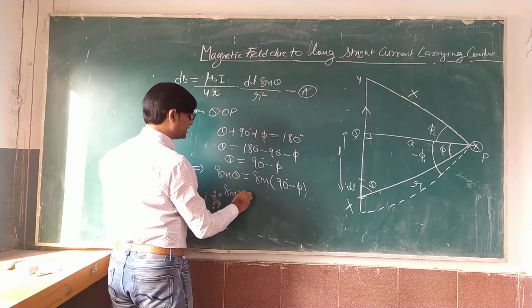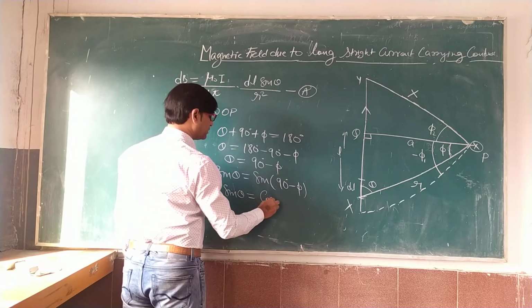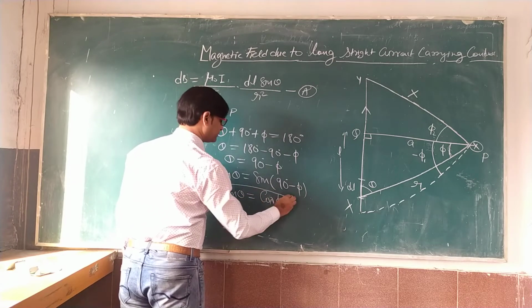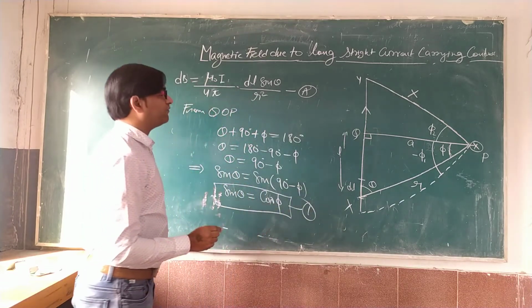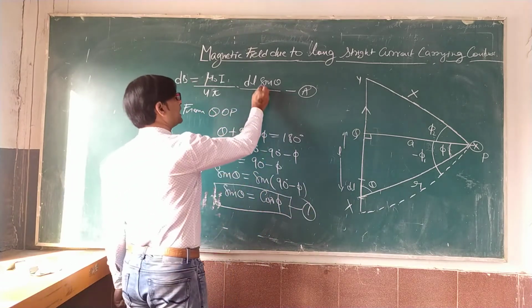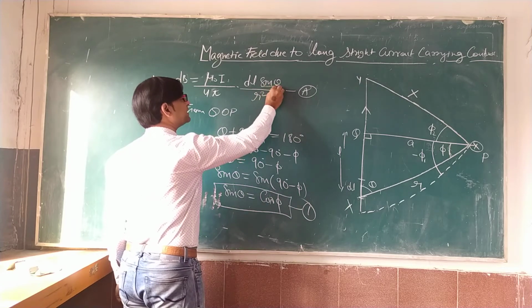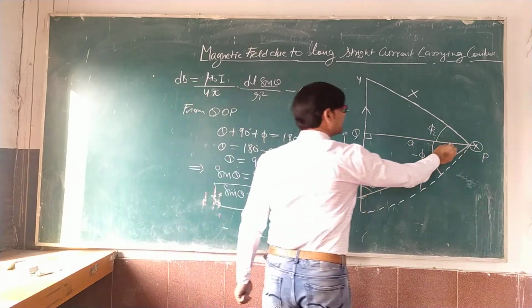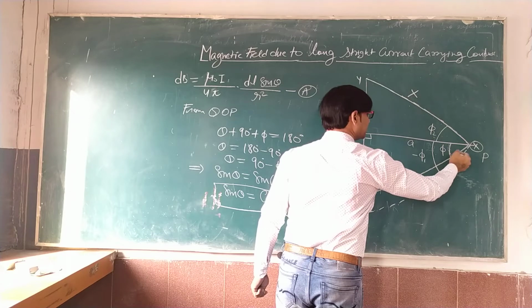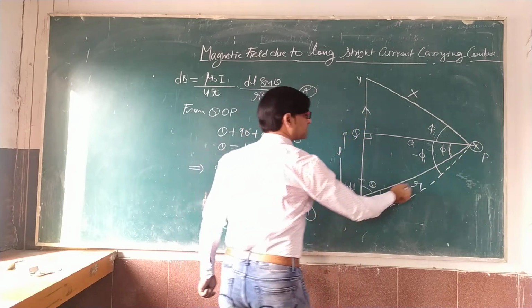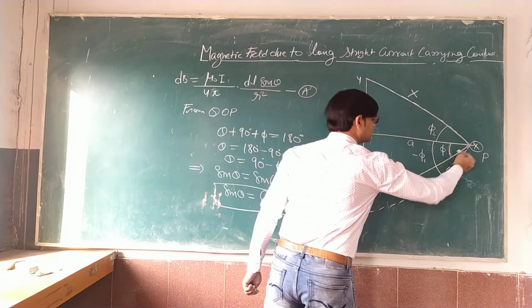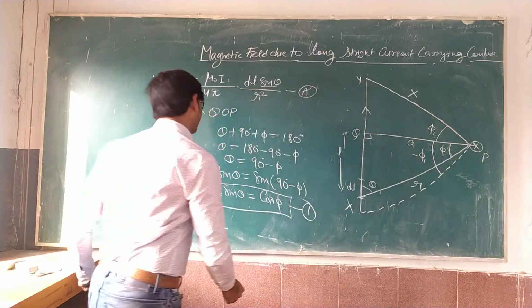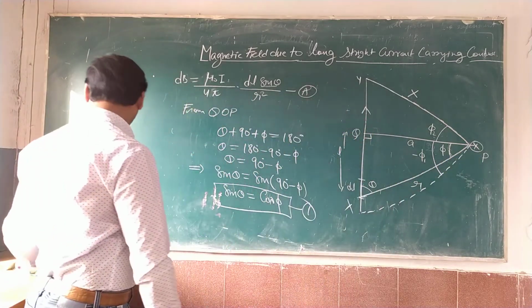So sine theta is equal to cos phi. This is relation 1. So we have calculated the equivalent value of sine theta with respect to this angle phi, because this angle is determined by this current element and its position vector. So note it.